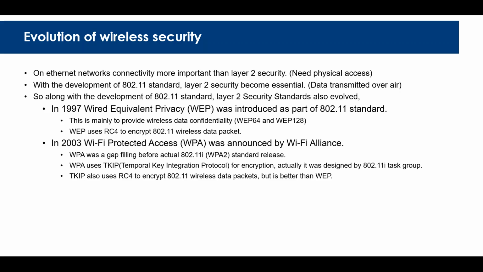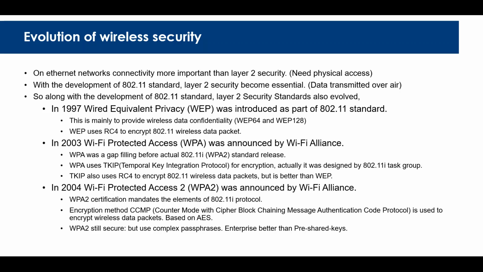WPA uses TKIP for encryption and decryption of wireless data, which was designed by the 802.11i task group. TKIP also uses RC4 to encrypt the wireless data, but it is better than WEP. That's one of the reasons Wi-Fi Alliance recommended to use WPA in spite of WEP.